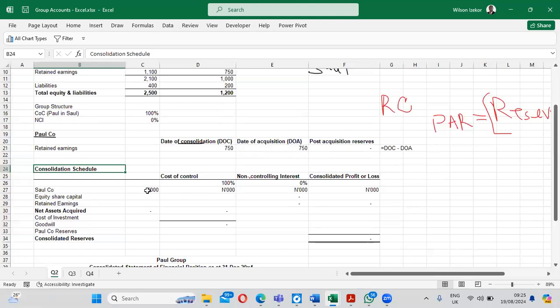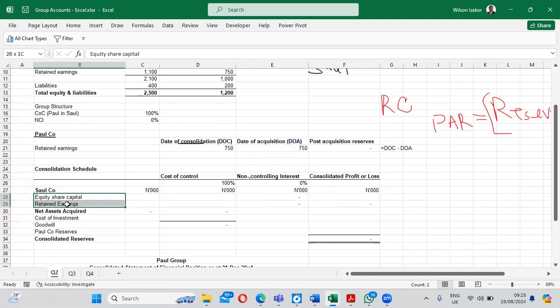Now, in the consolidation schedule, what we are looking at here is to be able to arrive at whether we have a goodwill or a gain on bargain purchase. We'll discuss that in more detail in subsequent questions, but for now, let's just restrict it to make it as simple as possible. So the first thing you have to get is to arrive at the net assets of the subsidiary acquired.